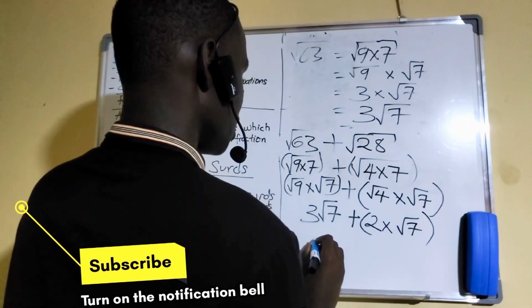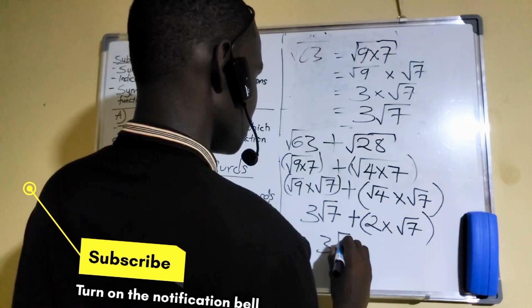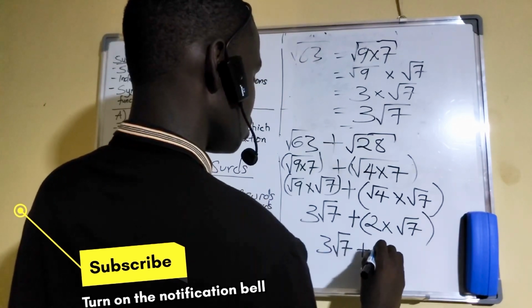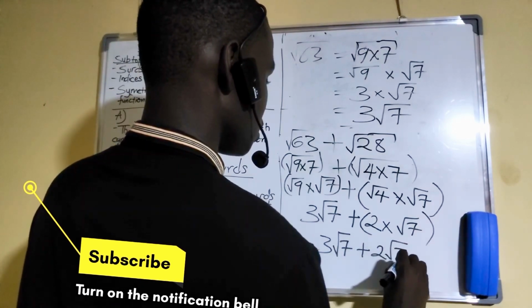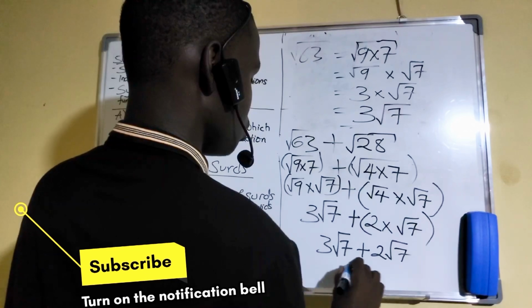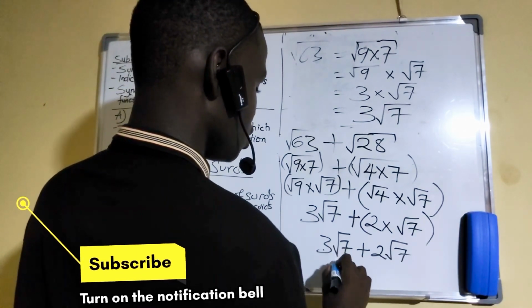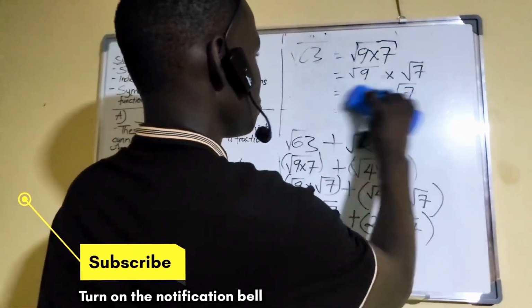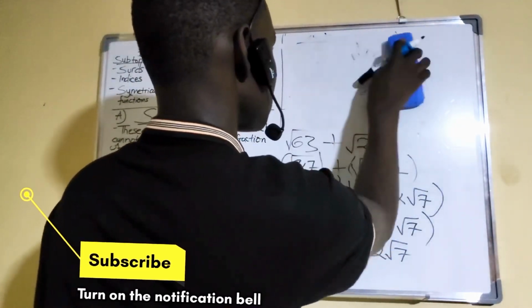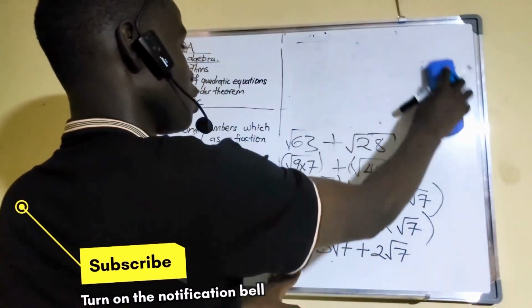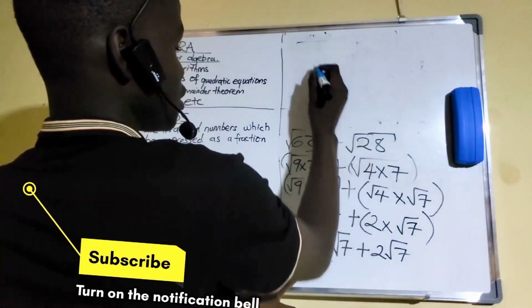Now this will finally give us 3 root of 7 plus 2 root of 7, where we can factor out root 7 to give us 3. Maybe I can put this up here to give us 3.